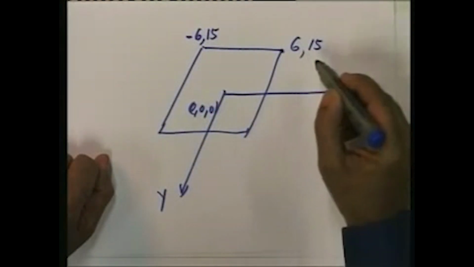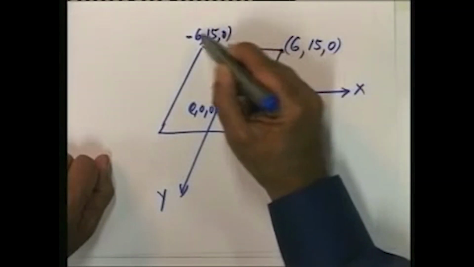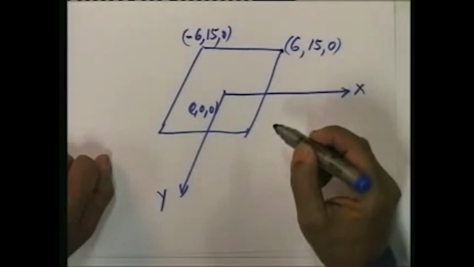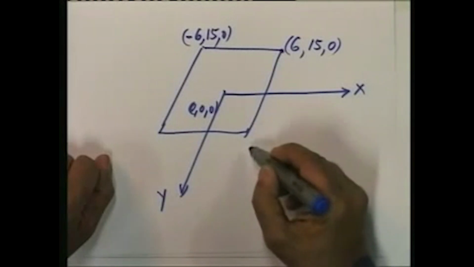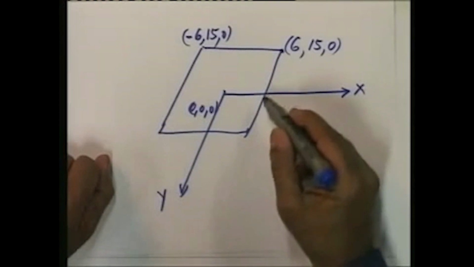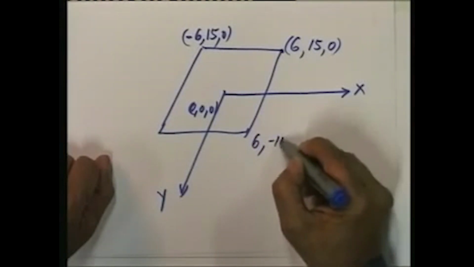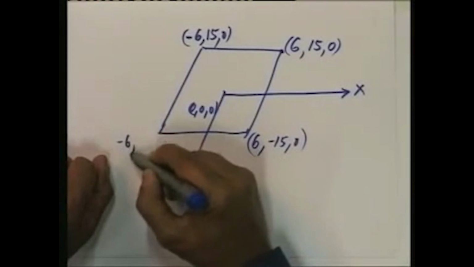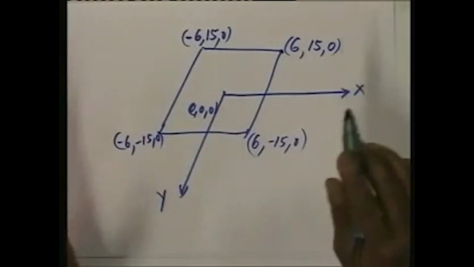Then the depth is 0 because this is on the surface. Then we also have minus 15, plus 15 and minus 15. So, minus 15 would come in this direction. Here we will have minus 6, minus 15, 0. These are the 4 corners of the rectangle.